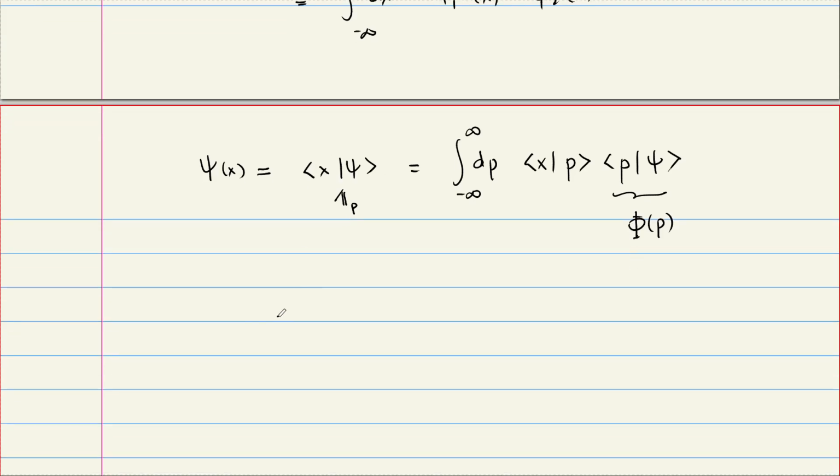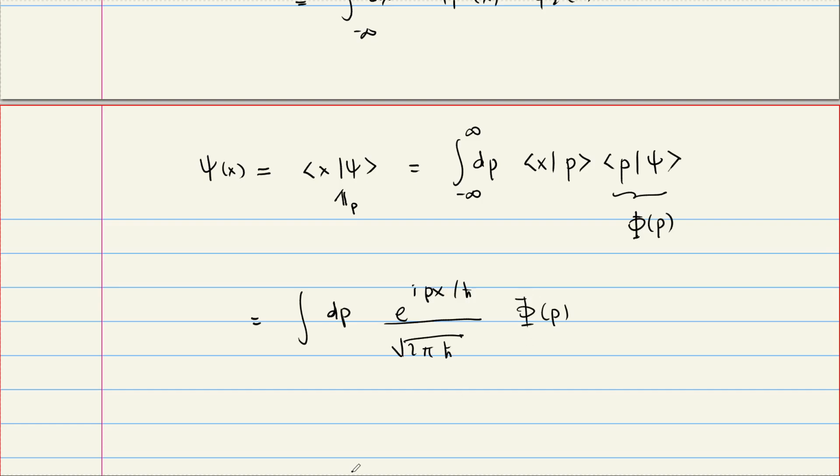But from the Fourier transform, we know this is also equal to the integral dp e to the i p x over h bar, divided by the square root of 2 pi h bar, times phi of p.